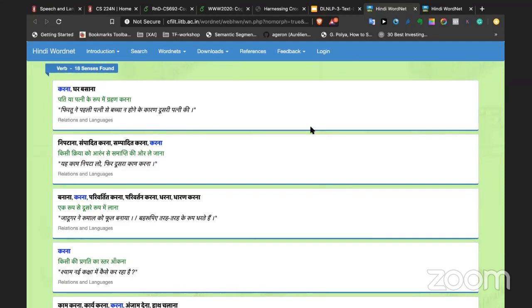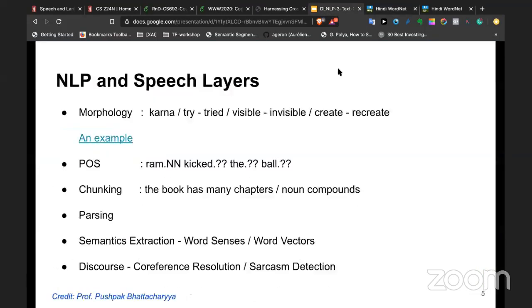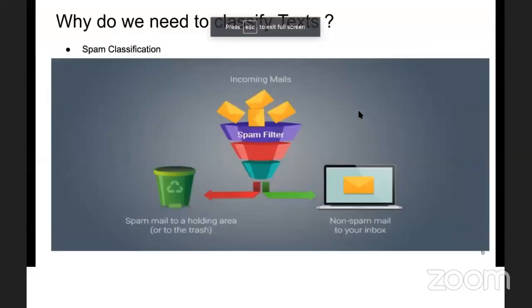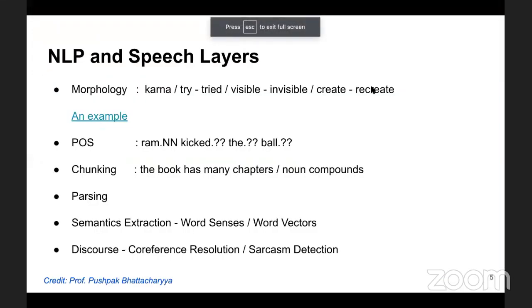These different word senses come into play. And when morphology is talked about, the word kar itself can have different inflections on it, and those inflections can lead to different senses. So morphological analysis for a word is basically something that can even change the meaning of a word. Okay, let's go back to the slide.